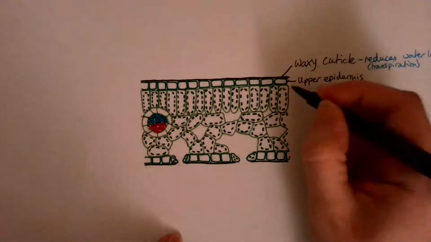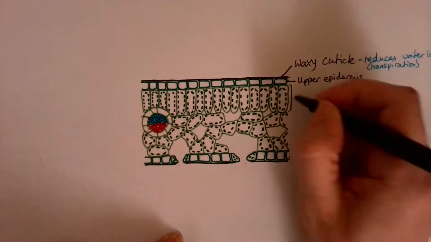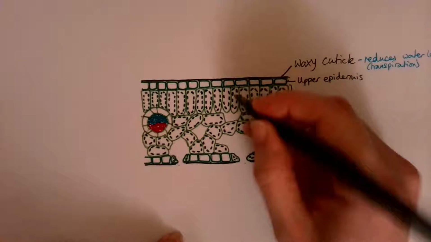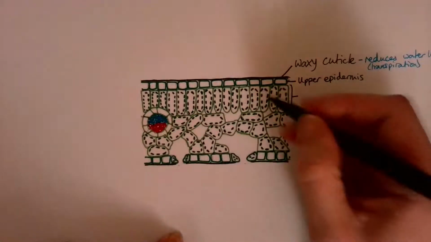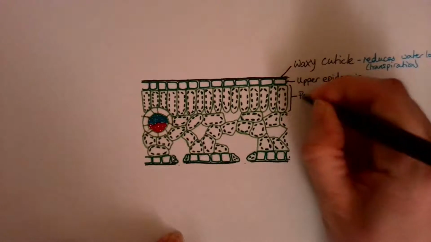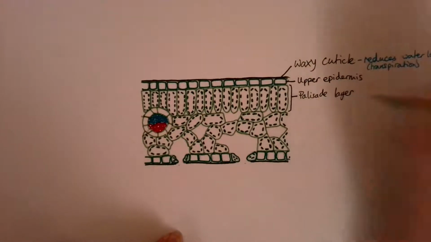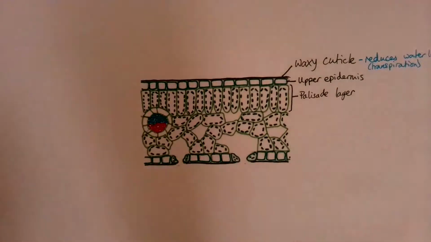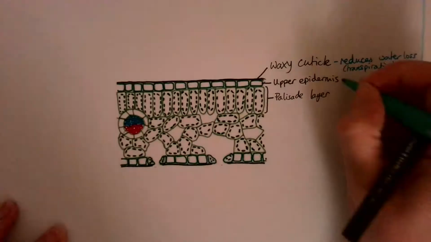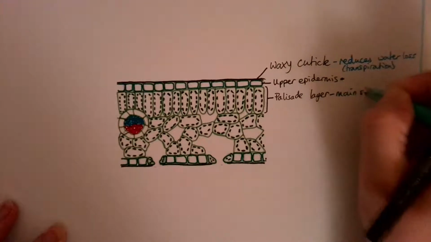Then we've got the most important layer in terms of the function of the leaf here, these sort of tall stacked cells. We say they're columnar, they're column shaped. This is the palisade layer, and this is the main site of photosynthesis.